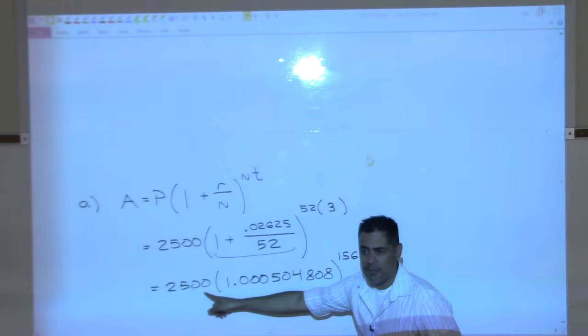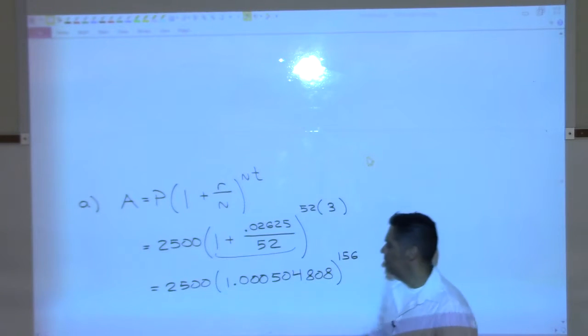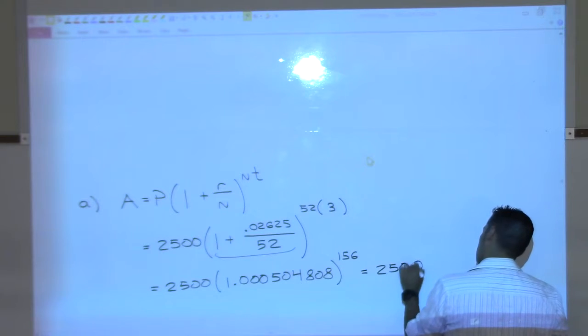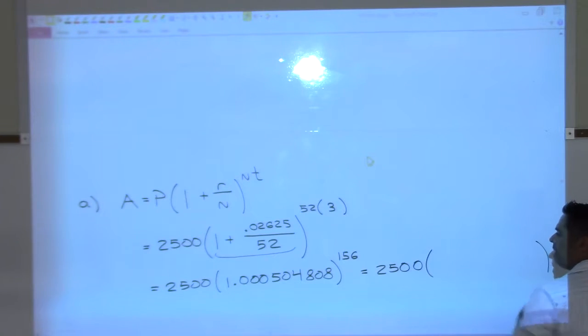Do not do the 2,500 yet. That's the last step. So now this can be 2,500 times, let's see what number we get when we take 1.000504808 and raise it to the 156.